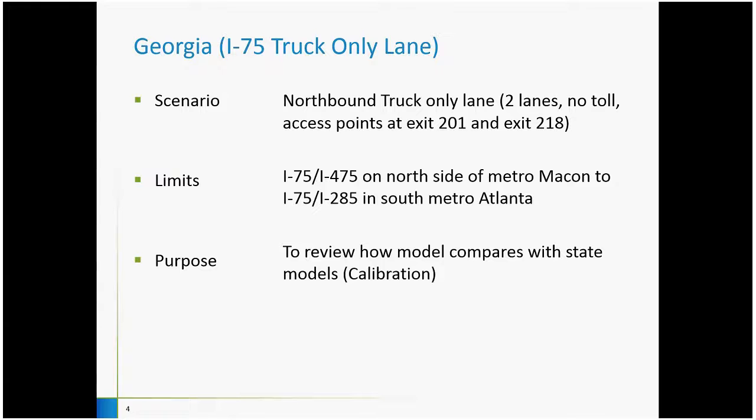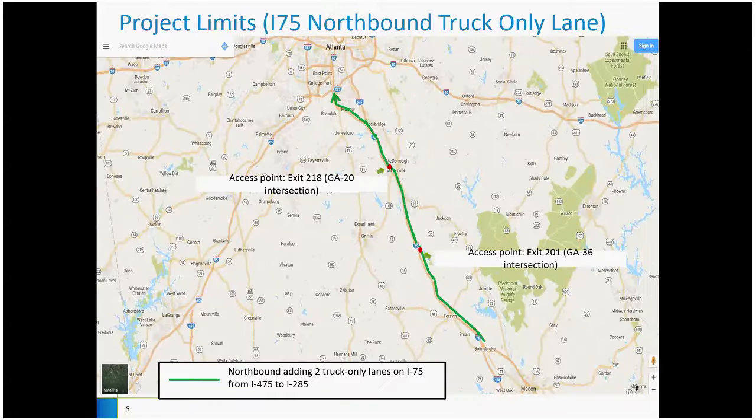The purpose is to review how the model compares to the statewide model. So slide 5 shows the limits of the study area. Again, you can see the arrows going northbound and the 2 access points in the middle.